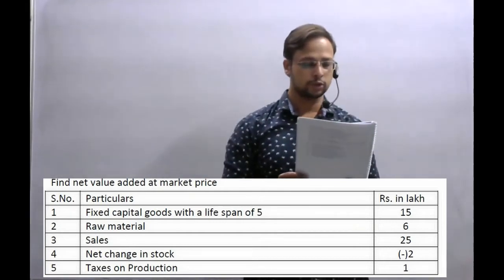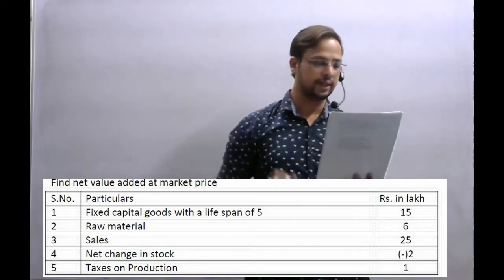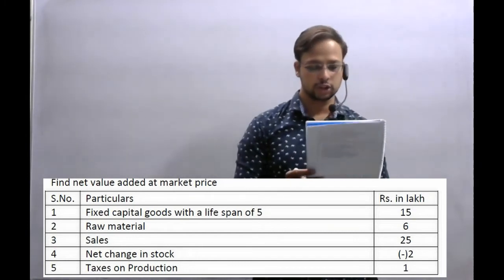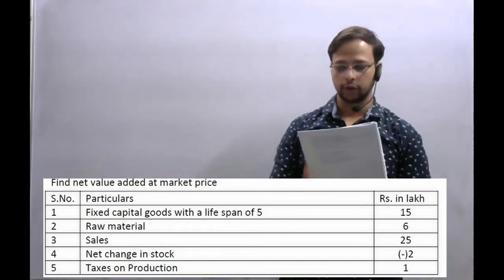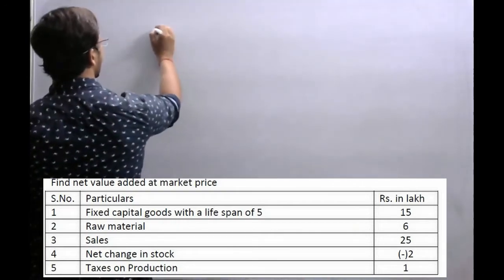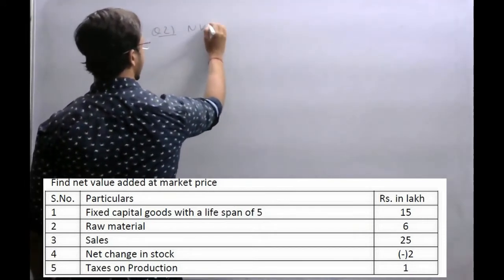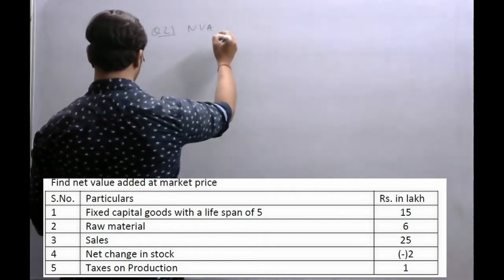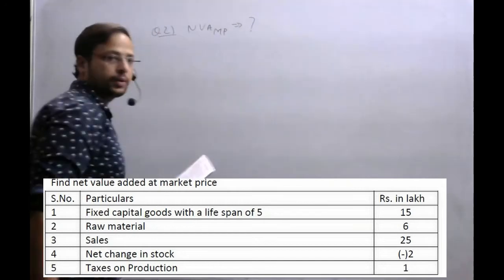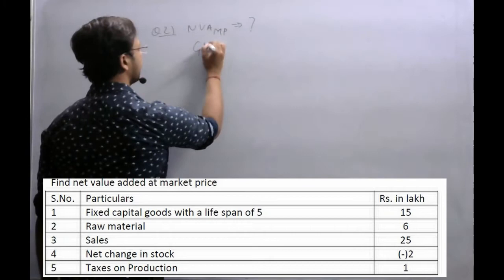Question number 2 shows that fixed capital goods with a lifespan of 5 years cost rupees 15 lakh, raw material is 6 lakh, sales 25 lakh, change in stock minus 2, and taxes on production is 1. In question number 2 you have to find out the value of NVA at MP. So by the product method, what do we get? We get GVA at MP.